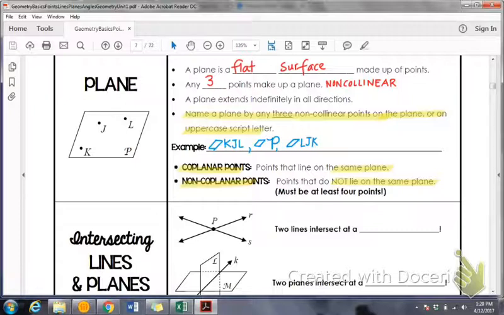So let's draw this example. Let's draw a point out here. We'll call this point M. Okay, so draw a point outside the plane, point M. And we would say that J, K, L, and M are non-coplanar.